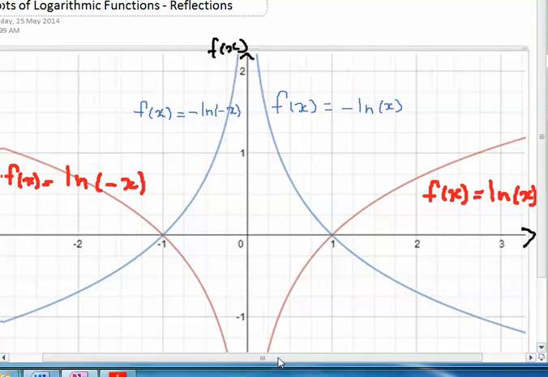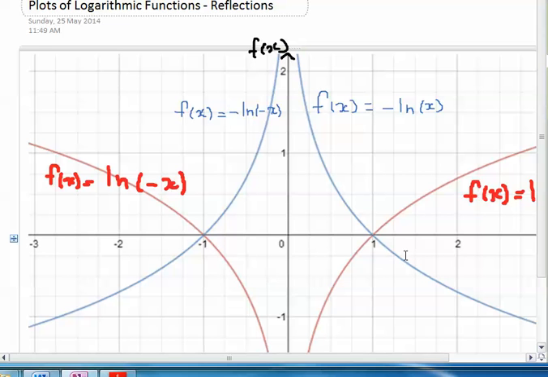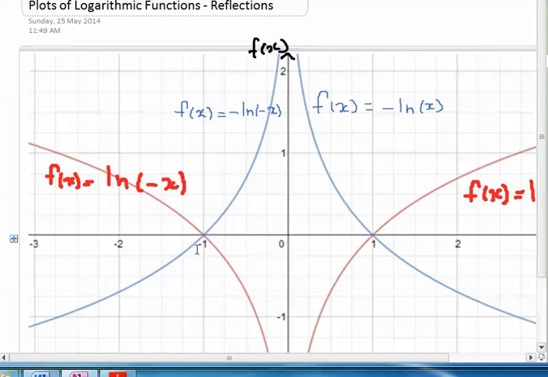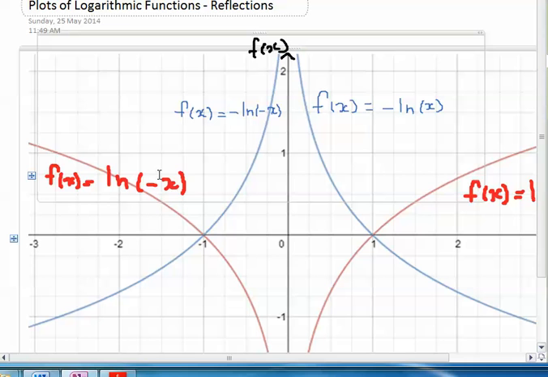Over here we can reflect our basic ln x function around the function axis by putting a negative x in brackets. Remember, it's got to be positive in here for our function to be defined. So if you put in negative x values, that becomes positive.